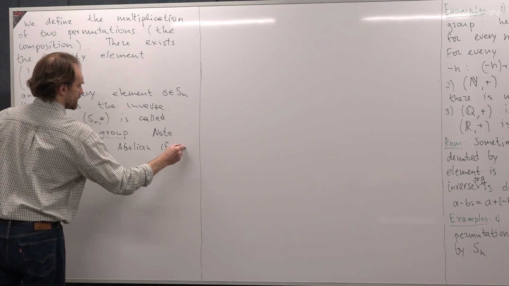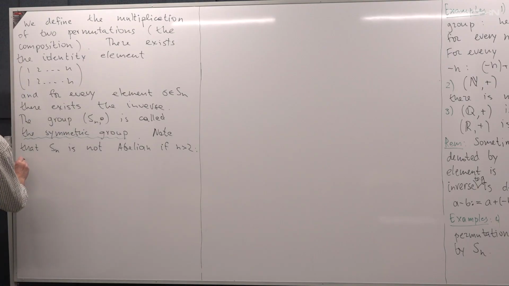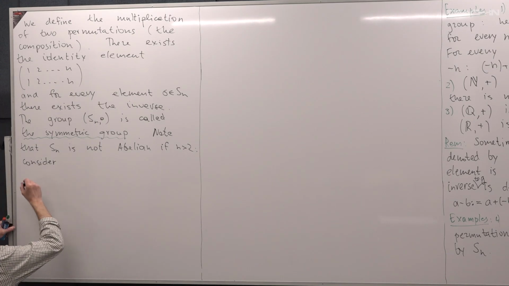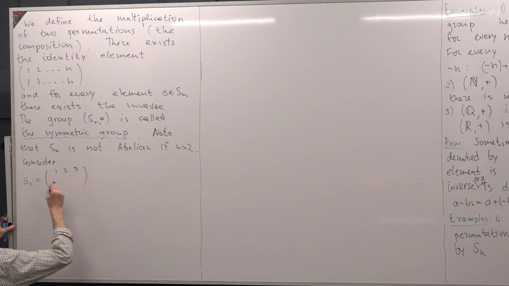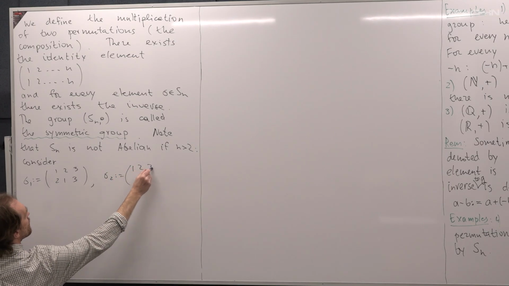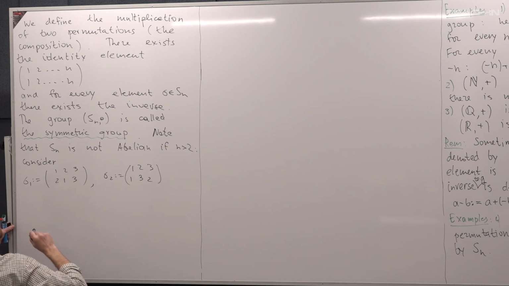If n is greater than 2. So indeed, consider two permutations. So sigma 1 would be a permutation of 3 elements of this kind, and sigma 2 would be a permutation of this kind.